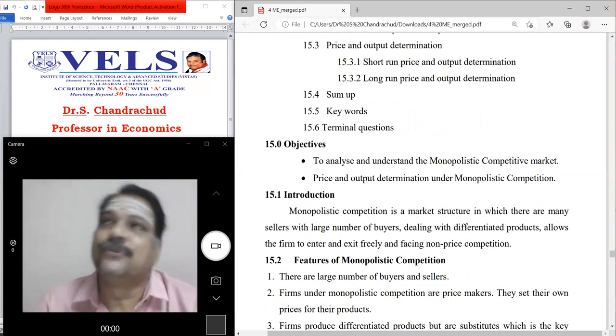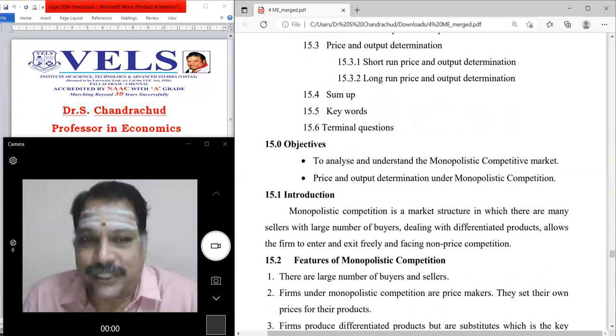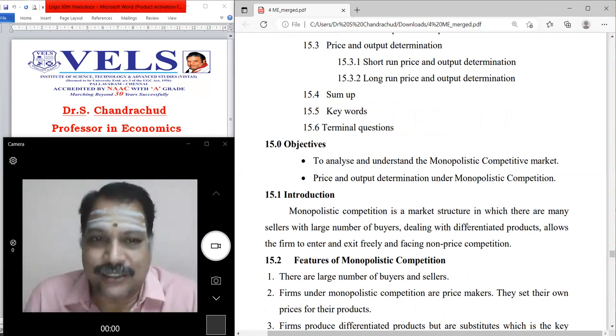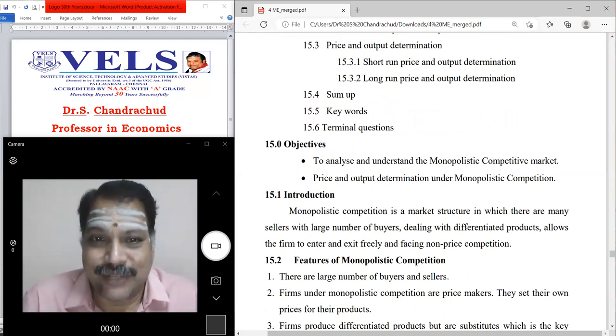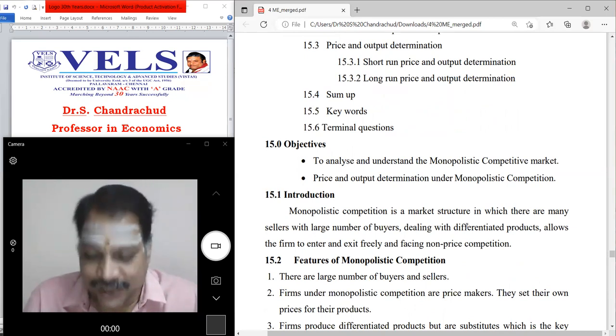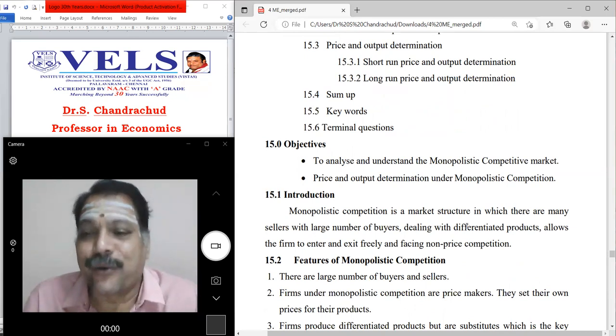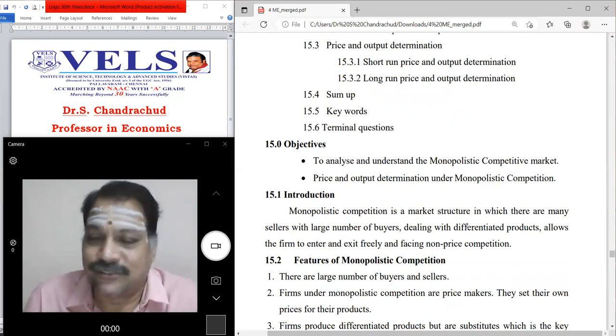As you know, the market is divided into two categories: one is perfect market and the other is imperfect market. This imperfect market has three different market structures: one is called monopoly, the second is monopolistic competition, and the third is oligopoly. In this particular class, we are going to discuss monopolistic competition.